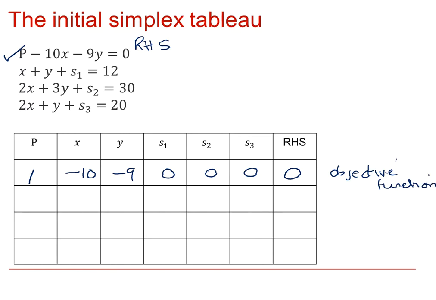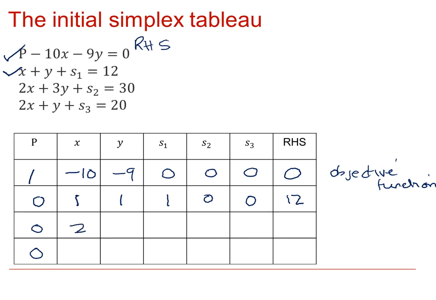We then put the constraints in below. It doesn't matter so much what order they go in. So we've got no p's in any of those three constraints. It's important to make sure that you get the right numbers under the right columns. So 1x, 1y and 1s1, no s2, no s3 and the value of 12, and we have input this equation.